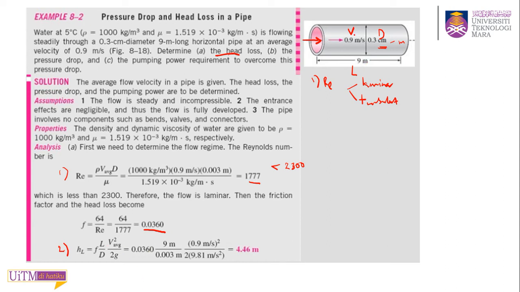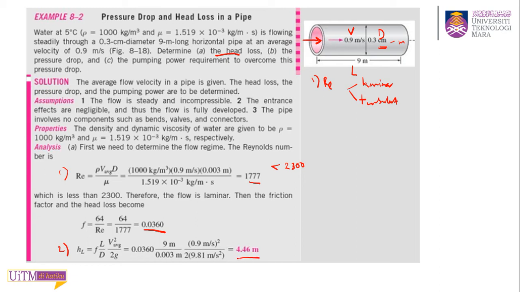You have your V 0.9 squared, divide by diameter in meter. Don't forget to change any non-standard unit into the standard unit. So they give you the diameter in centimeter, so you need to change that to meter. So diameter is 0.003 times 2 times G, 9.81. So you get the value for your head loss is 4.46 meter.